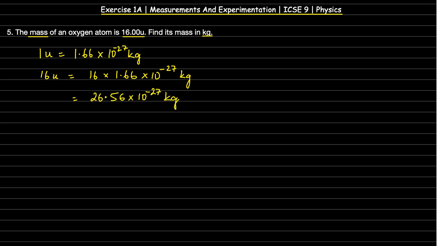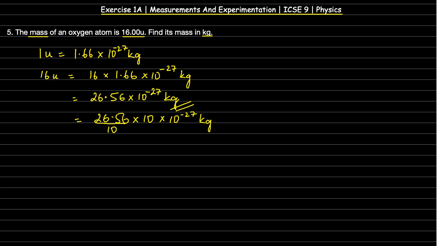Now we can leave our answer here, but if we wish to get to the textbook form, we'll have to divide and multiply by 10. So 26.56 divided by 10 multiplied by 10 into 10 to the power of minus 27 kg.